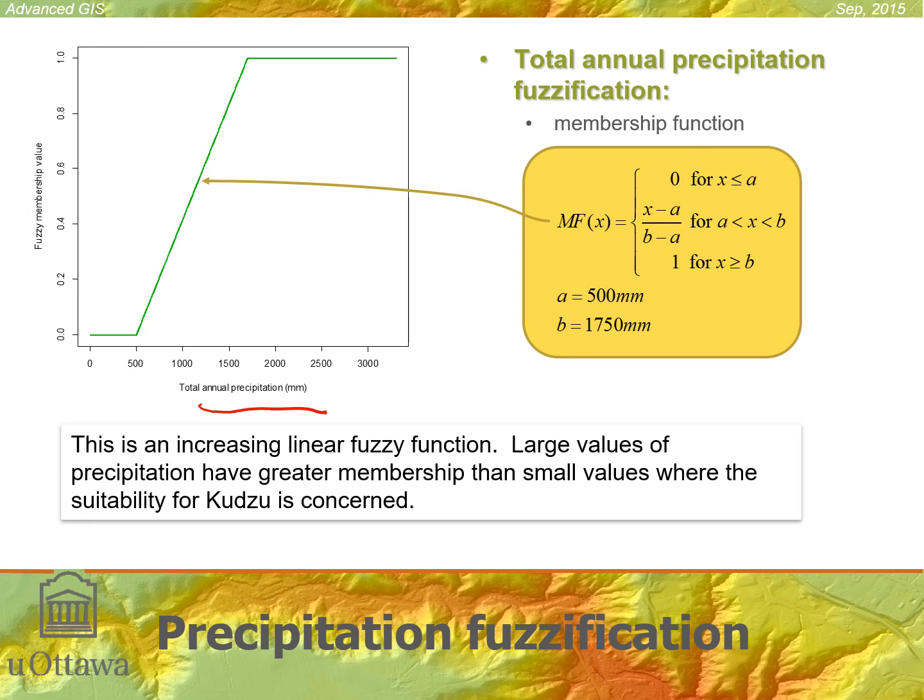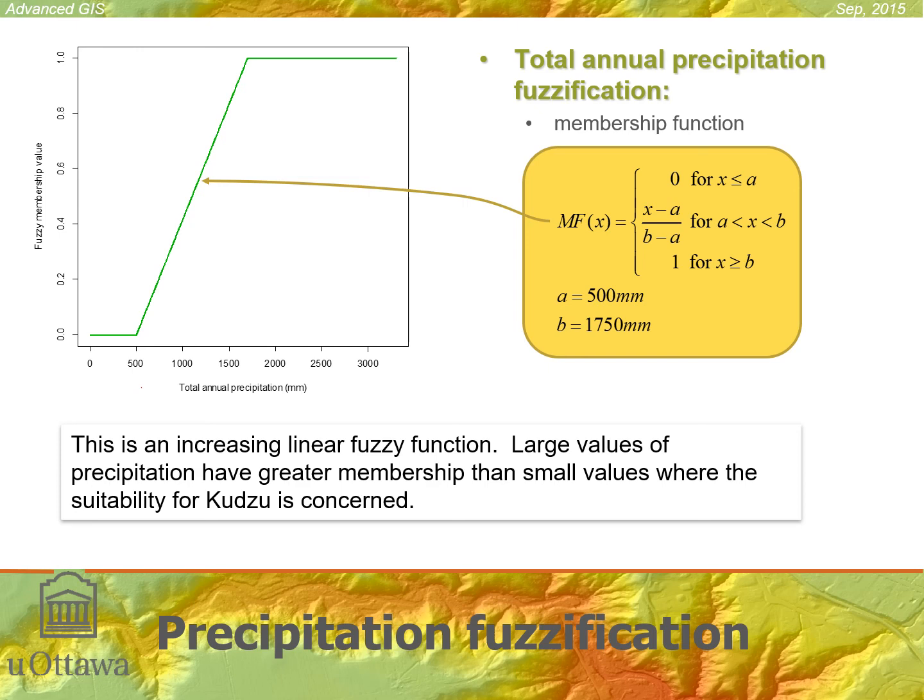And then we specify, based on Key et al.'s work, we have our A value, A is 500 and B is 1500 millimeters. So those are millimeters there. So 500, oh, and it's actually 1750 up here, not 1500. So to 1750.